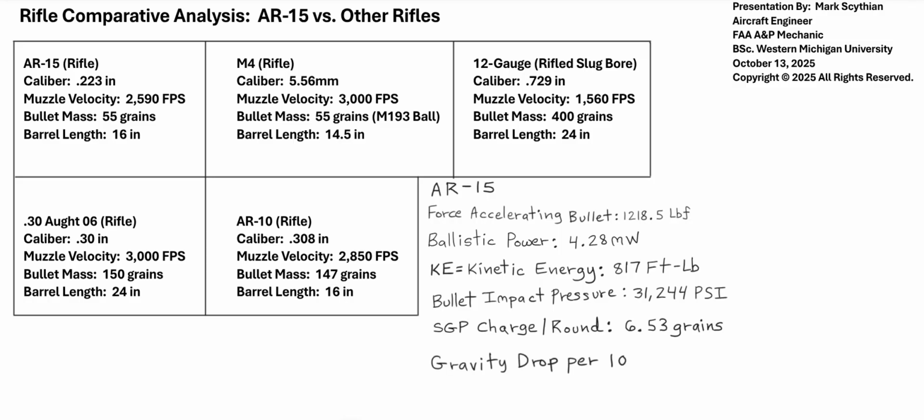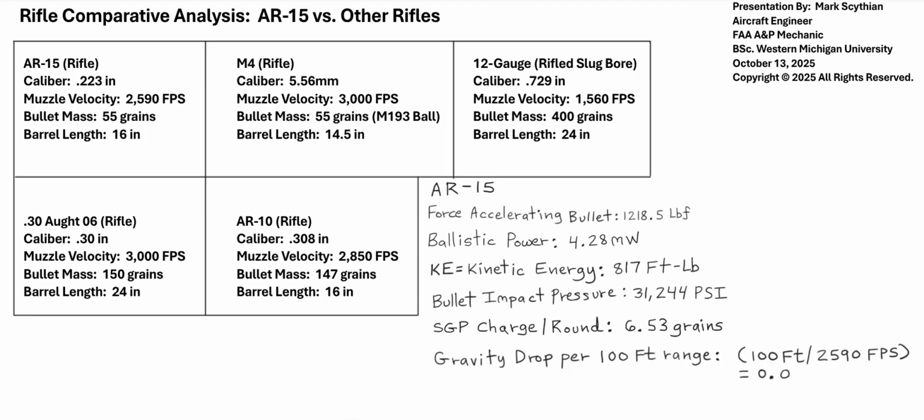Next, we can focus on the gravity drop per 100 feet range. So all we have to do is divide the time it takes for the bullet to travel 100 feet to target. So 100 divided into 2590 feet per second. So we get this value in seconds. So we know the drop is 1/2 gravity times time squared, in this case on the vertical or y-axis.